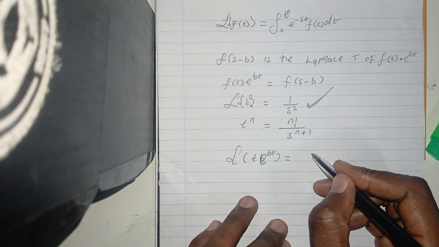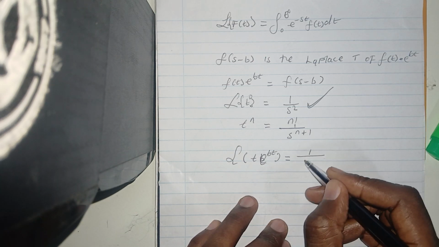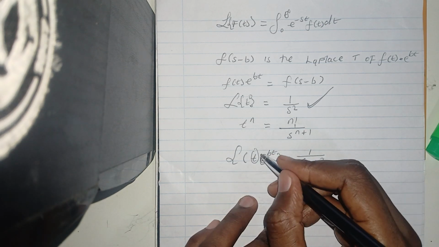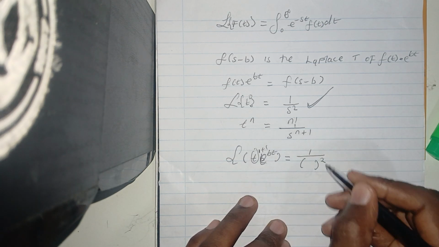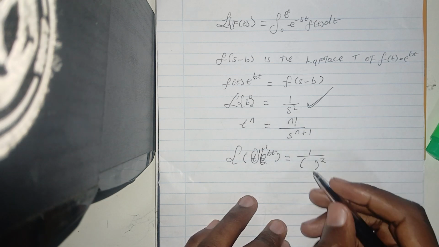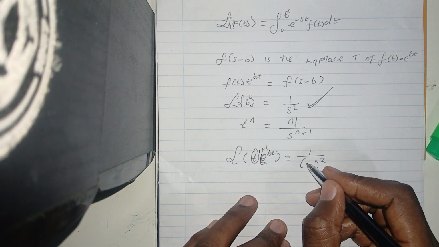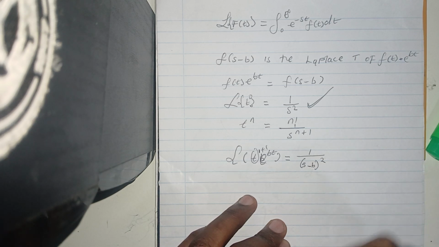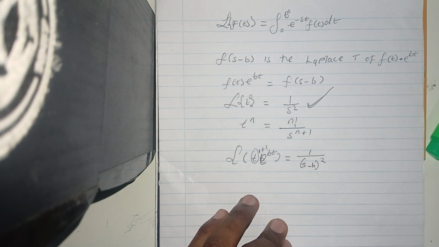So it's going to be 1 over s squared, because it's t, so it's the 1 plus 1, then squared. Now it has to move, it has to be s minus b.